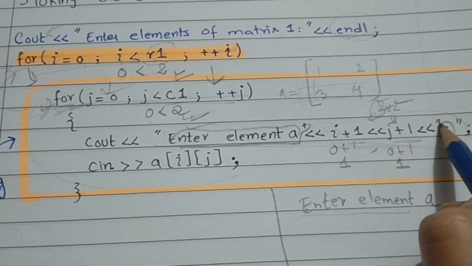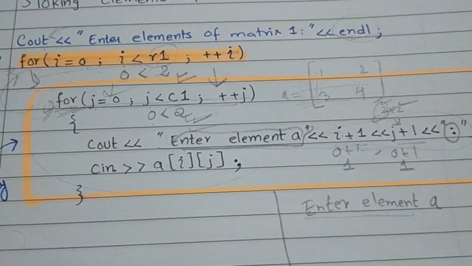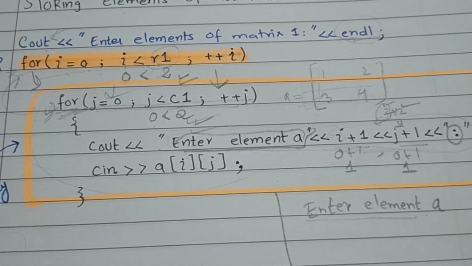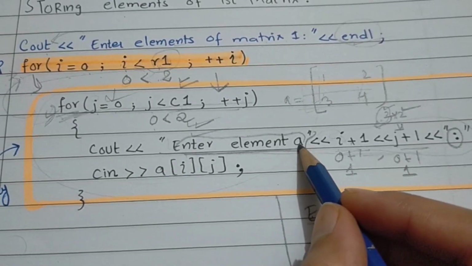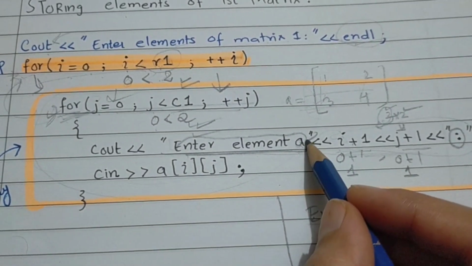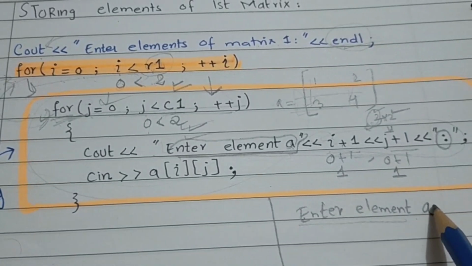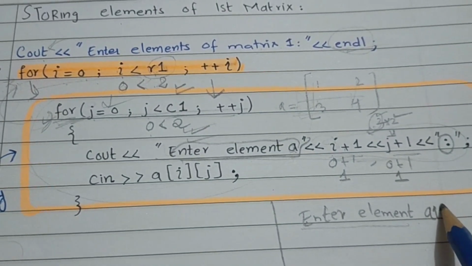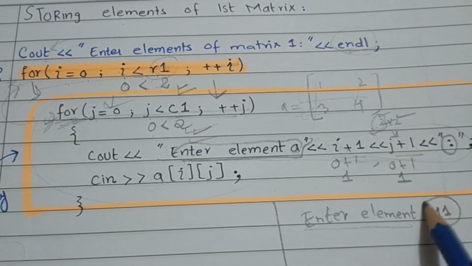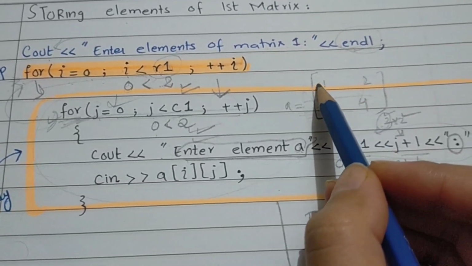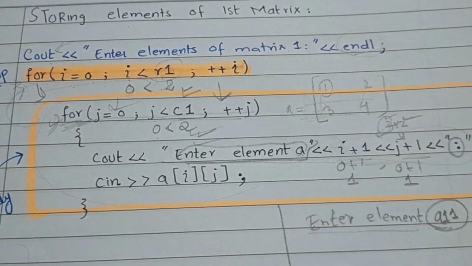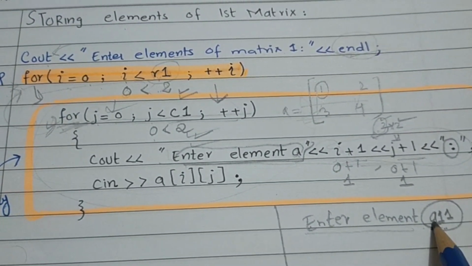This column will be printed as it is. Of course, you know the basics. So beside A, 1 and 1 will be printed, which is the location of this first digit.